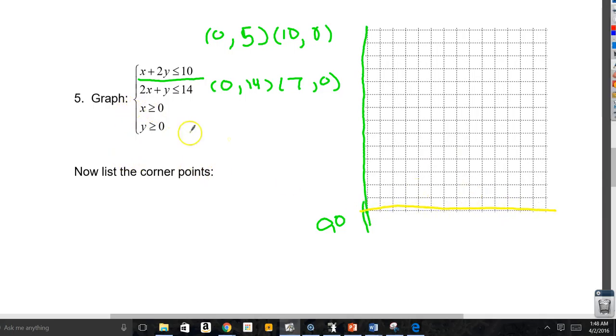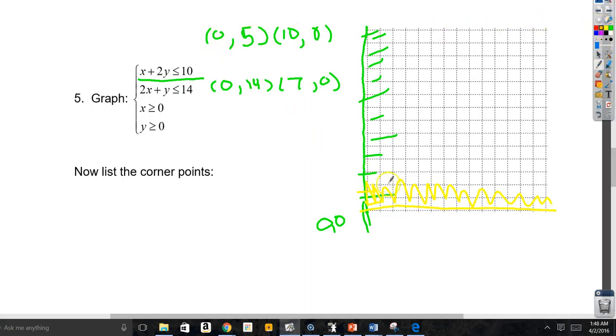This says x is greater than, so that would be on this side. This says y is greater than 0. Y is greater than, so we'll be going up on the line.